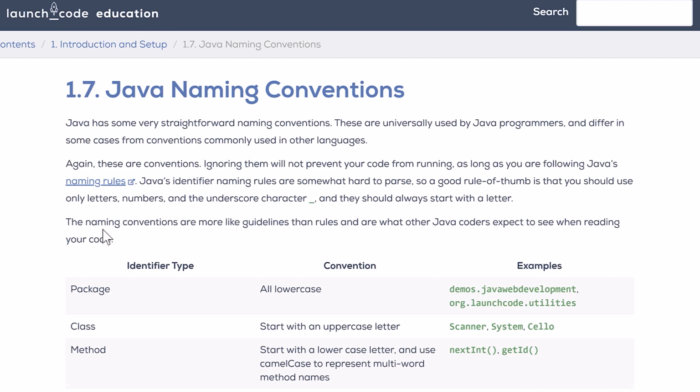It says the naming conventions are more like guidelines than rules and are what other Java coders expect to see when reading your code. Meaning we have to have a standard on how we work together. Because if everyone had their own conventions, I would have to understand what you were doing when you wrote this.